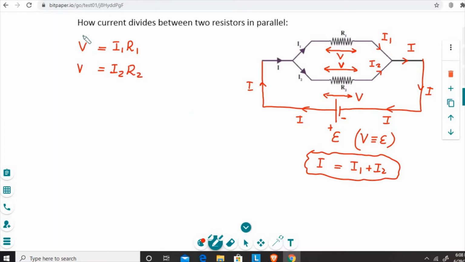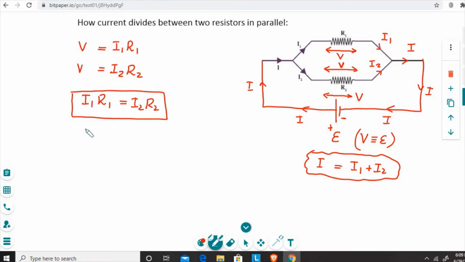Now you can see the left hand side is the same: the voltage across resistor R1 and the voltage across resistor R2. As I told you, for a parallel circuit, they are going to be equal to one another. So then I1 times R1 is equal to I2 times R2. This is an important relationship. This is how the currents are divided by the resistors. Or I can write this as a ratio.